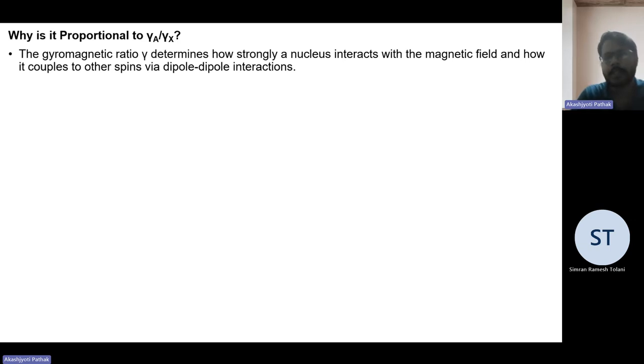The gyromagnetic ratio gamma determines how strongly a nucleus interacts with the magnetic field and how it couples to other spins via dipole-dipole interactions.